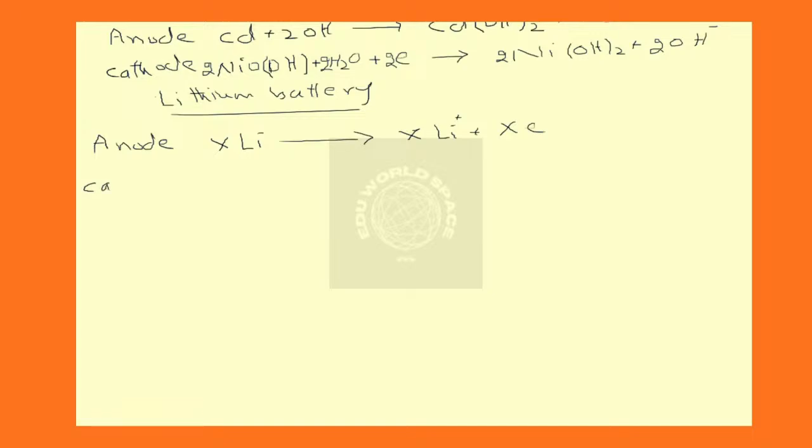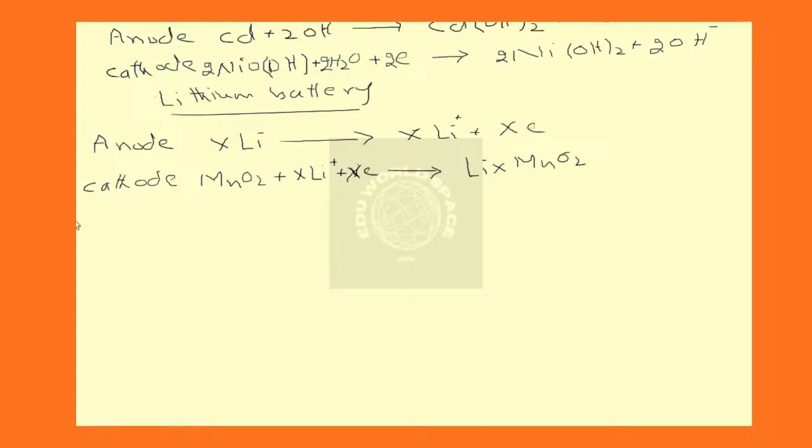At the cathode, manganese dioxide reacts with the x number of lithium ions and also gains the x number of electrons, forming the LixMnO2 complex.